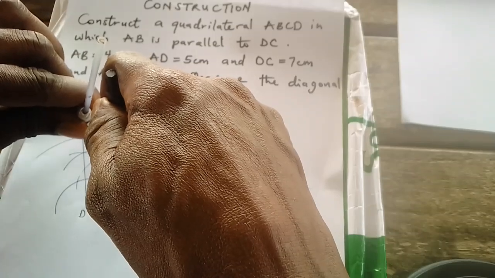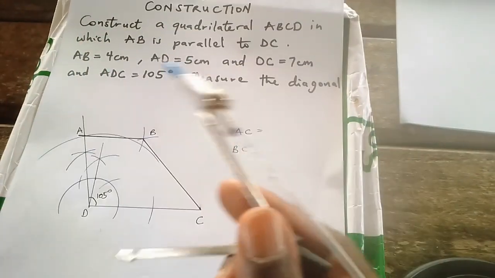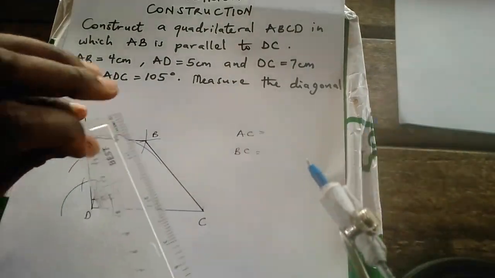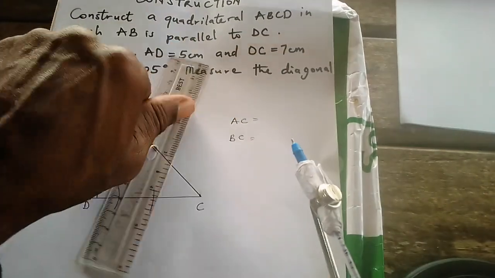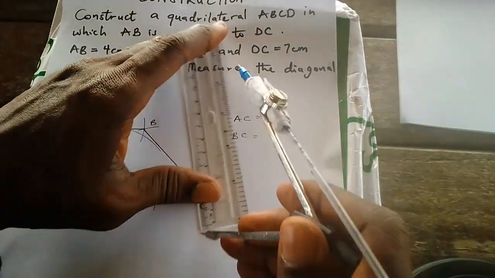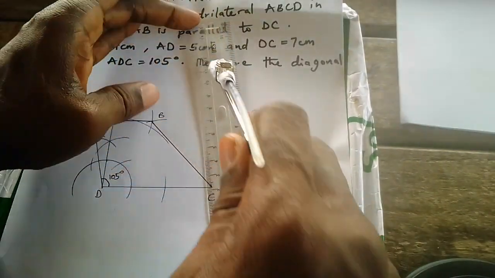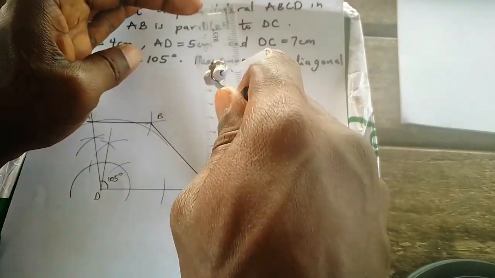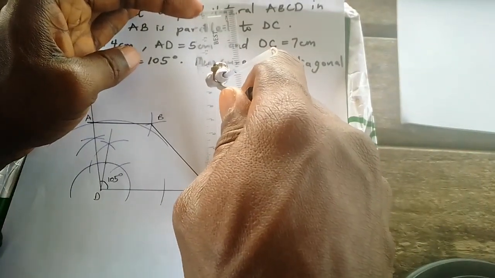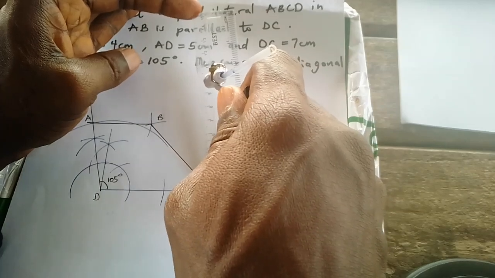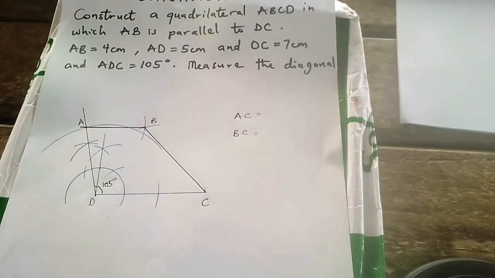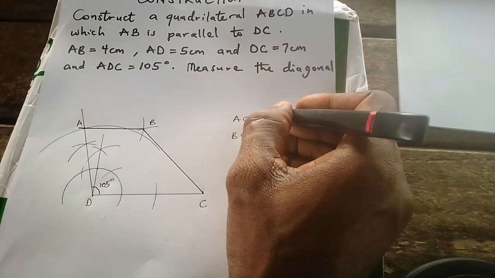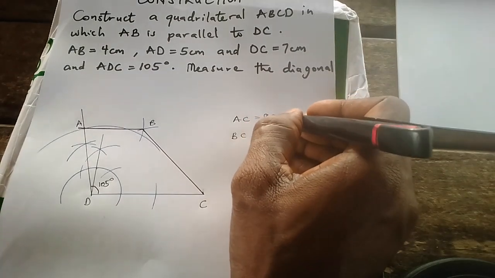At that point of A, you will now pick your ruler. You pick your ruler, let your pin be at that. So here I'm having like 9.7 centimeter. I have like 9.7 centimeter for my AC.